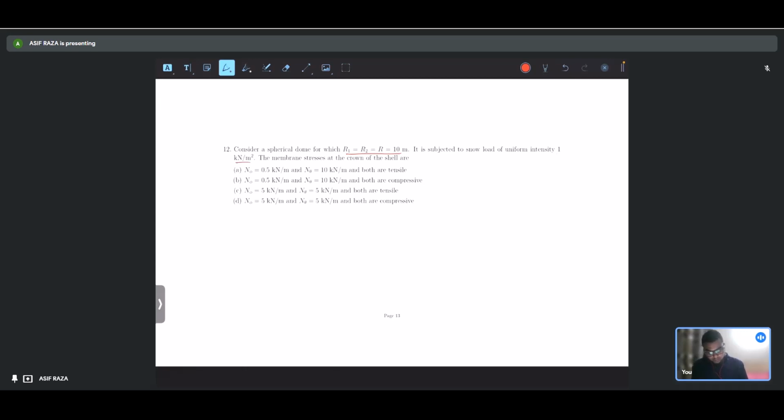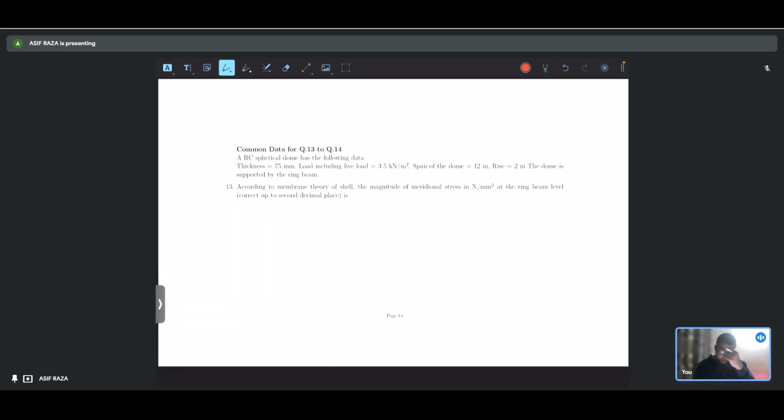The membrane stresses at the crown of the shell: we know at the crown, N phi and N theta is equal to PR by 2, which is 1 into 10 by 2, that is 5 kilonewton per meter, and both are compressive. So correct option is option D.